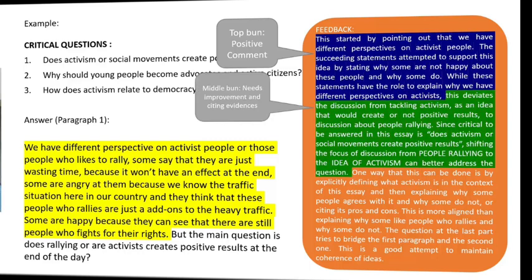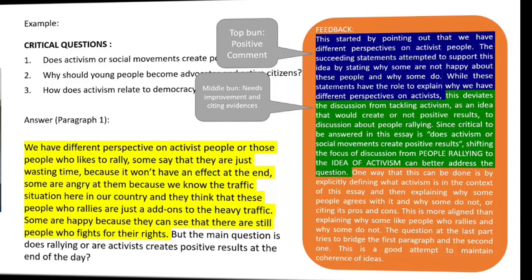But the succeeding part is already a middle bun, which would refer now to what part of the answer of the student would be needing improvement, and cite. And likewise, it's pointing out which part of the student's output is manifesting the need for improvement.